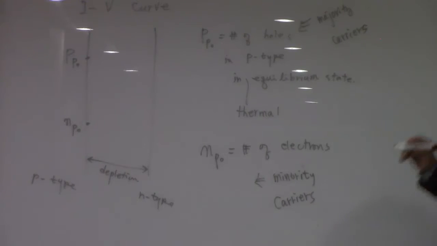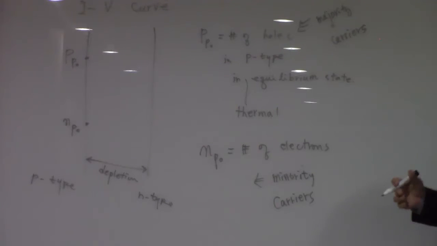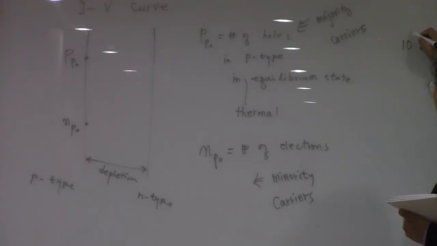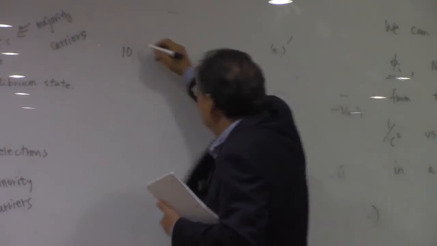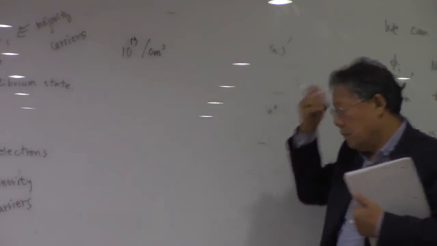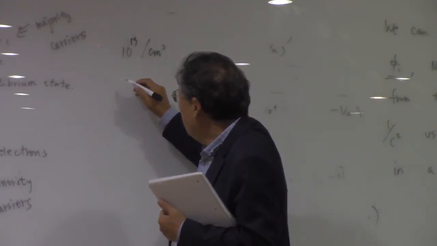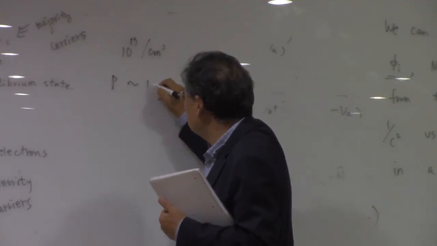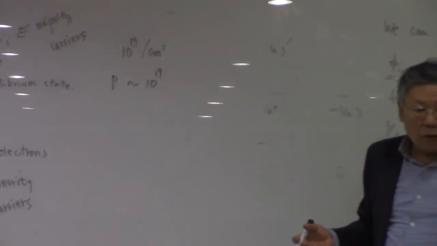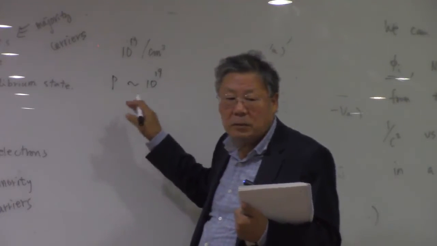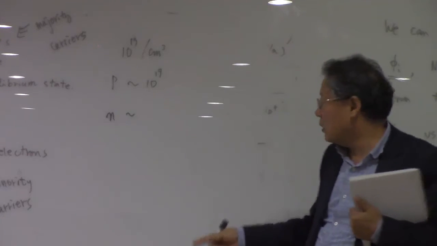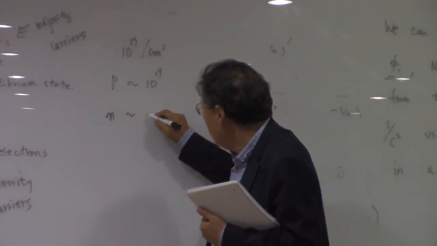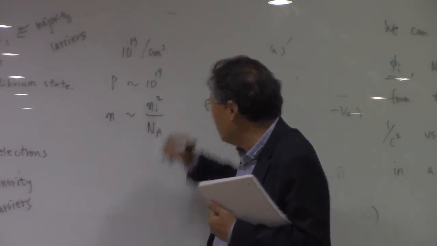Okay. Well, let's say the silicon is doped with borons, typical P-type dopants, like 10 to the 19th per centimeter cube. The number of holes here is about 10 to the 19th. All of this dopant is going to be ionized, we assume. So the number of holes in this P-type semiconductor is going to be 10 to the 19th. And the minority carrier, the electrons in this P-type semiconductor, how can it be calculated? It is N_i squared over N_A, if it is in equilibrium.